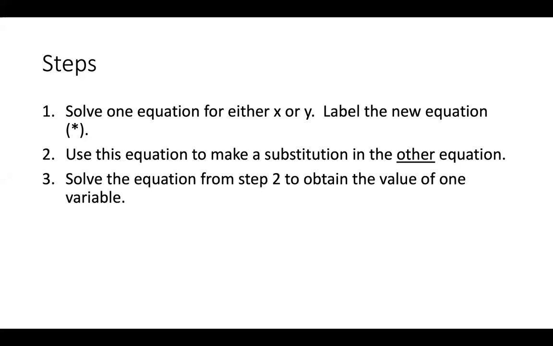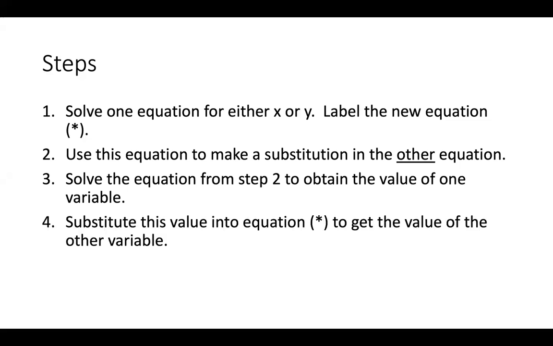All right, and then solve the equation from step 2 to obtain the value of one of the variables and substitute this value into equation star to get the value of the other variable. And then remember, it's always a good idea with these systems of equations to check the solution in both equations.